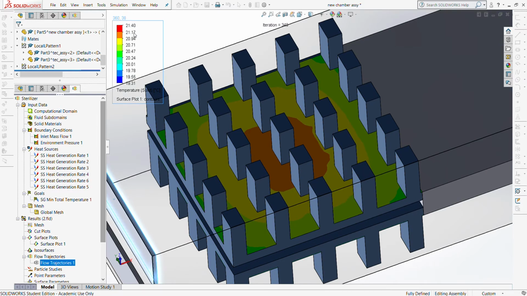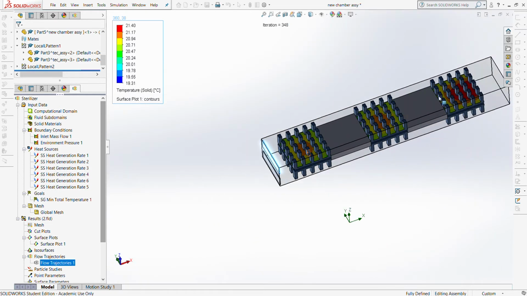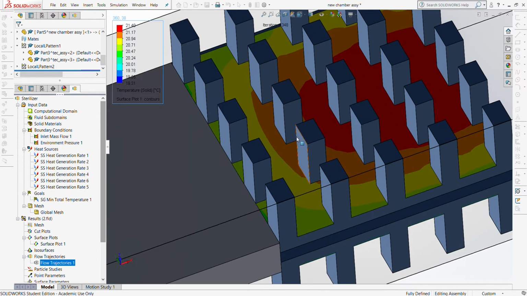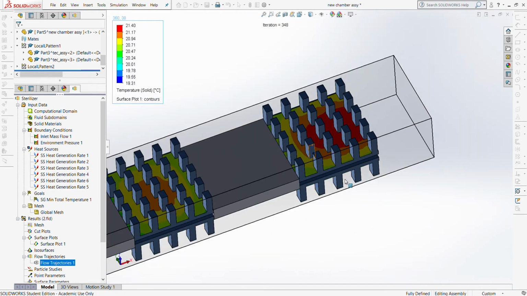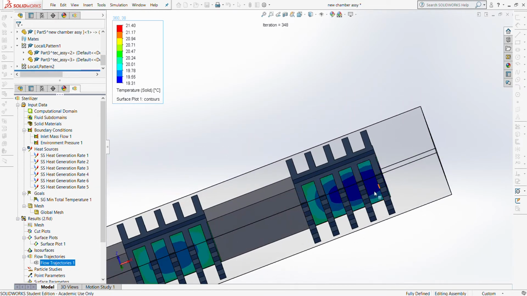So the solid is only reaching around 21.2 or so. Here it's at its hottest. It makes sense because as the air is getting warmer and warmer, those 10 watts basically provide more heat there. And let's look at the bottom now. Now this is good.